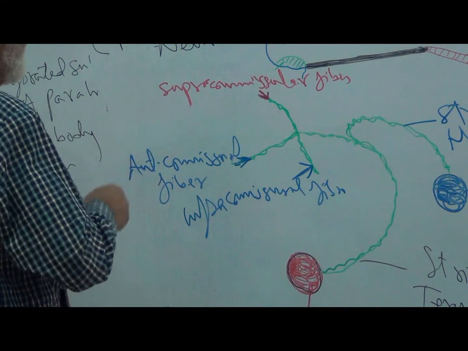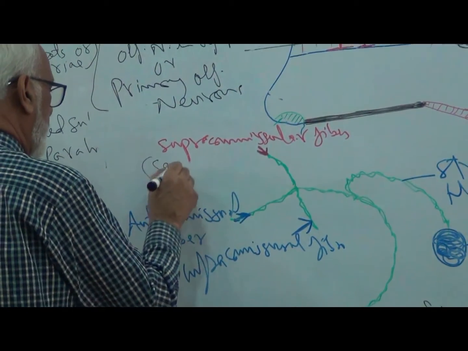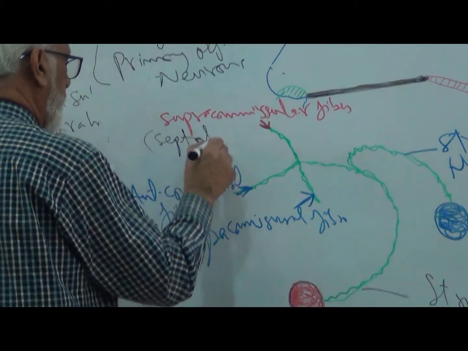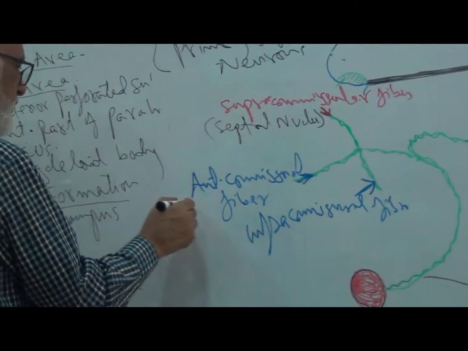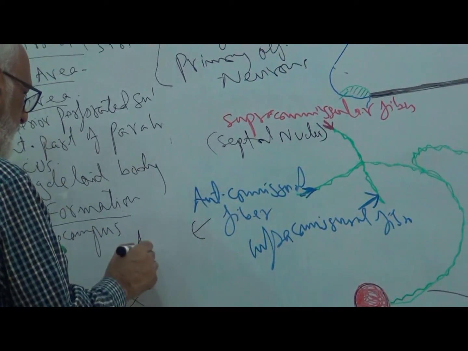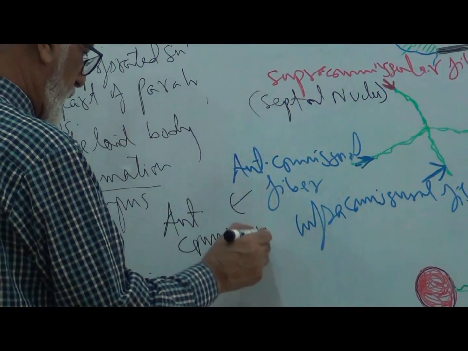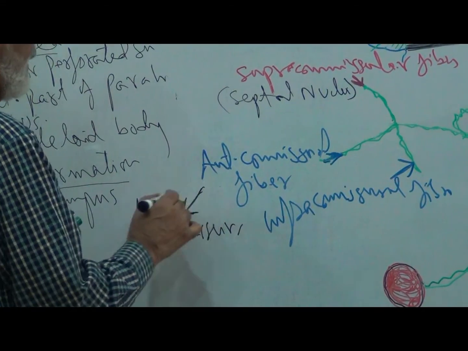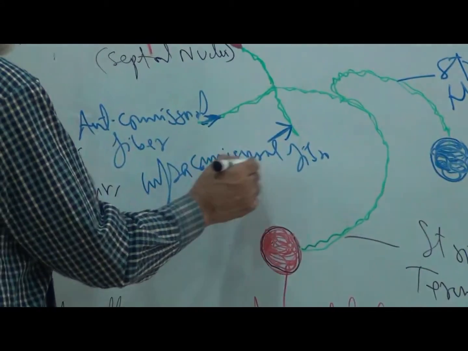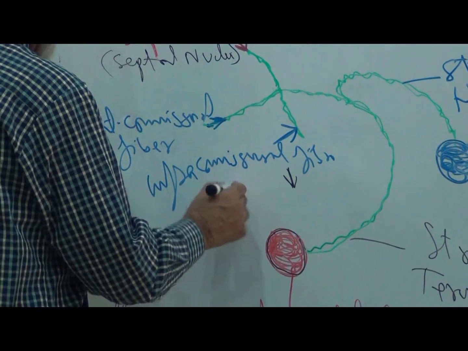The supracommissural fibers connect with the septal nuclei. Anterior commissural fibers enter the anterior commissure, while infracommissural fibers enter the anterior part of the hypothalamus.